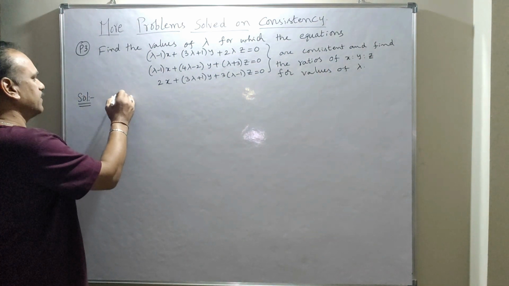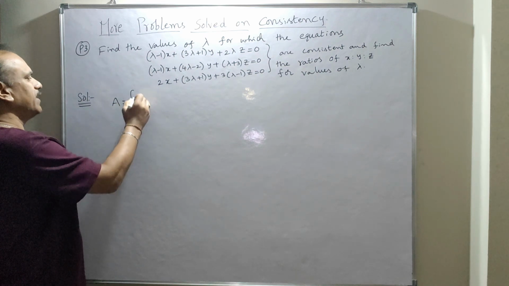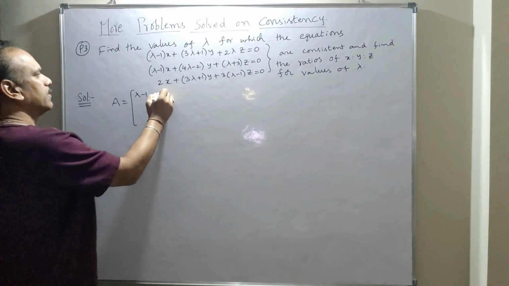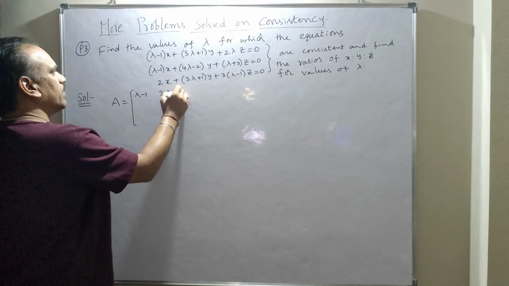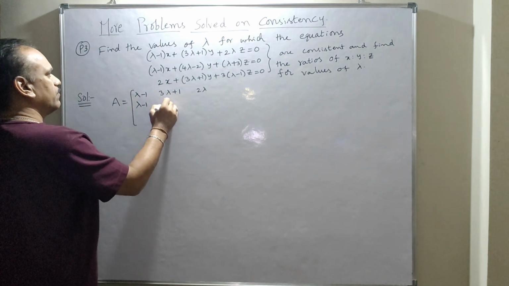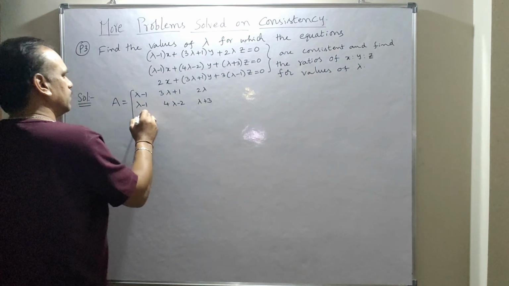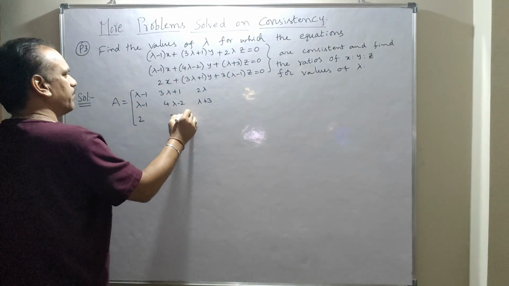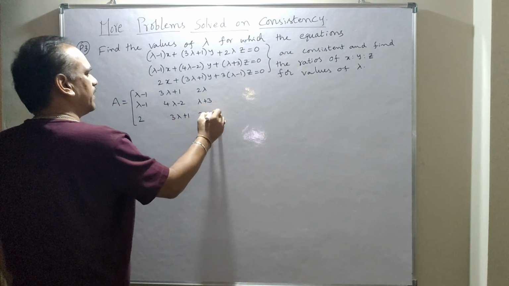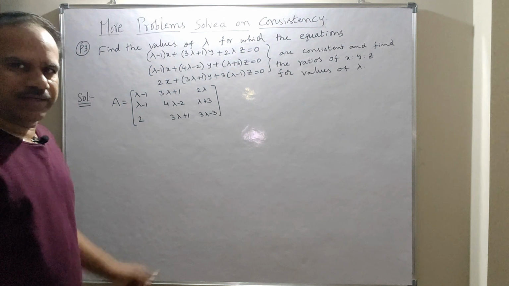So let us write the matrix A. What is the coefficient matrix A here? Lambda minus 1, 3 lambda plus 1, 2 lambda, lambda minus 1, 4 lambda minus 2, lambda plus 3, 2, 3 lambda plus 1, 3 lambda minus 3. Right? So this is the matrix A.